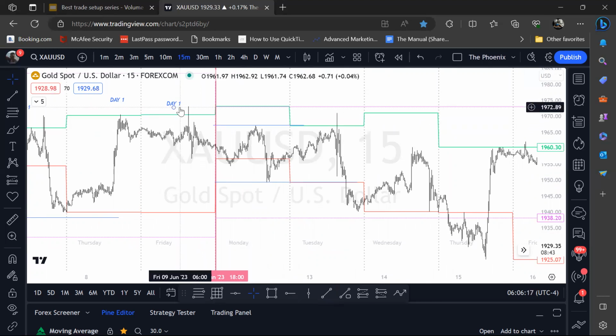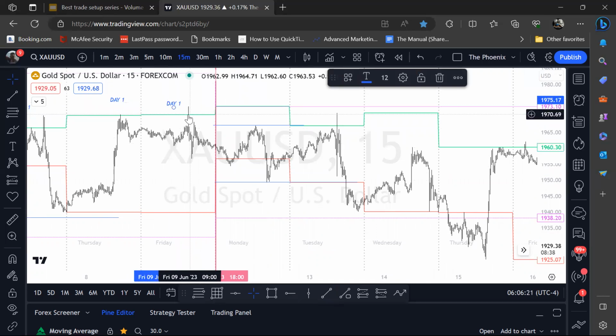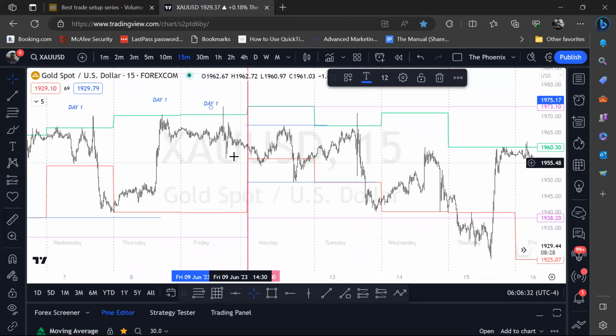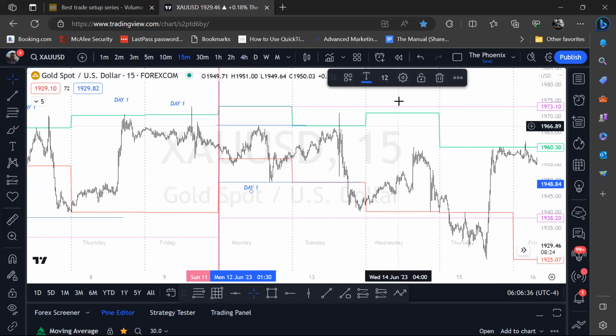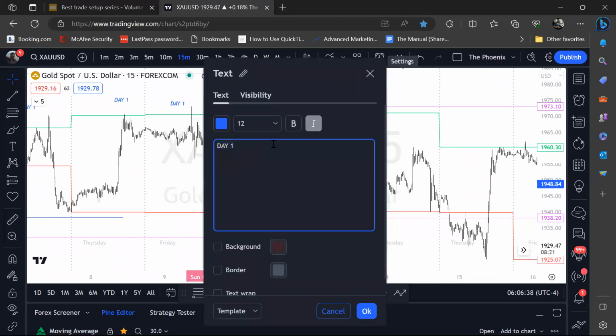We have day one here. We have the continuation, which is day two. It has not breached the previous week's high, nor has it breached the previous week's low, or even the previous day's high, which would have changed the day count. Nothing has changed in this case, so we continue with the count. So we're now at day two.